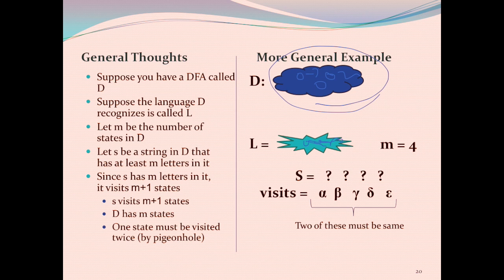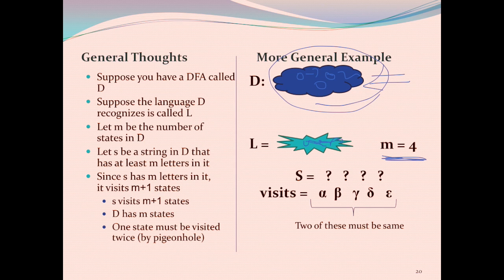It's just hidden by that starburst. Let's assume that we still have 4 as the number of states in this DFA, even though we can't see those states. If I have a string that has 4 letters, it's going to visit 5 states, right?